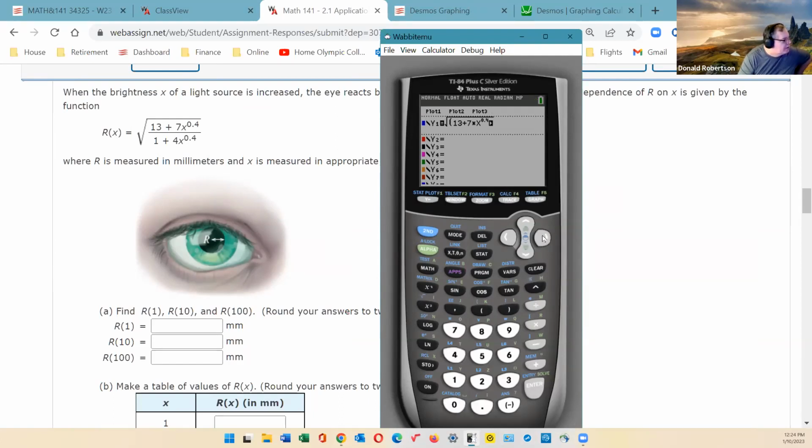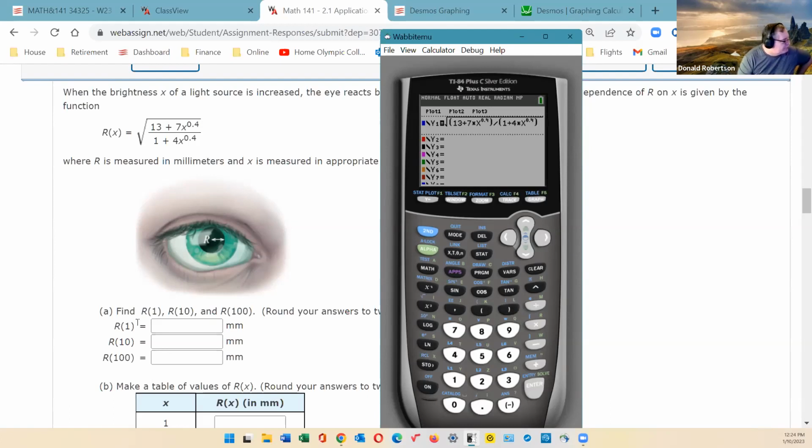Then get out of there and close the bracket. That basically represents the top fraction, the numerator. Then I'll do divide, and I'll start another bracket, and I'll go 1 plus 4 times x again to the power of 0.4, move outside and close the brackets. That looks good.